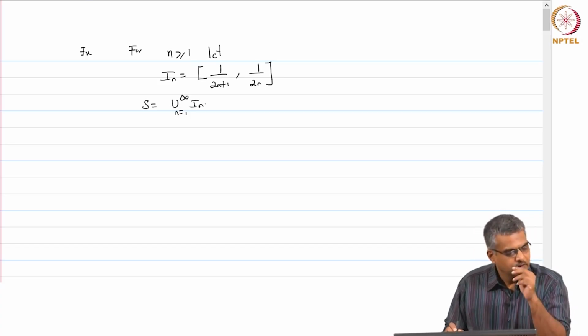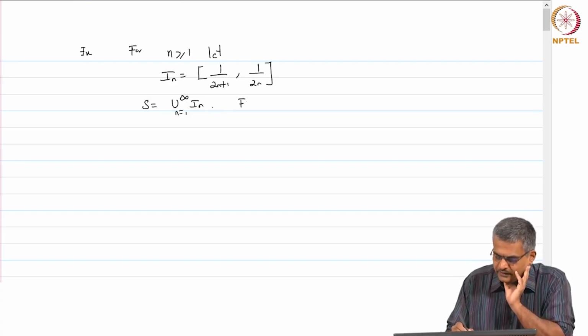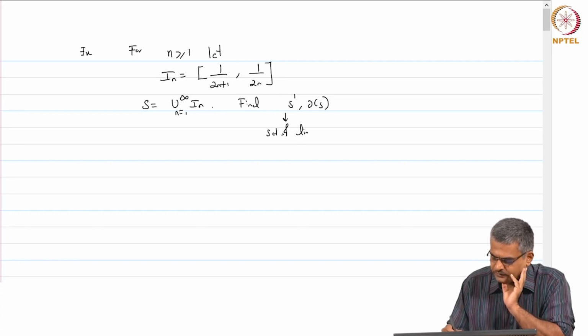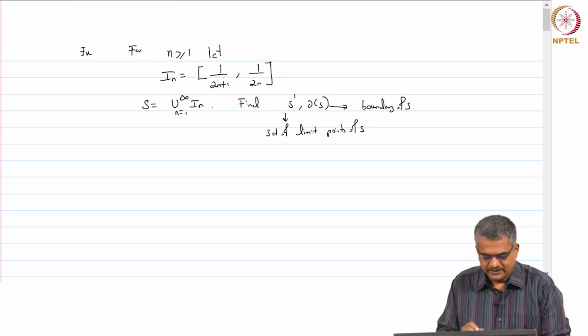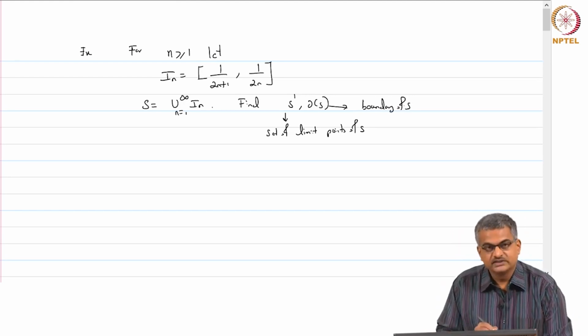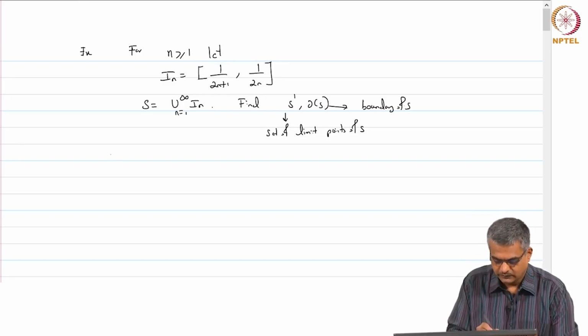We need to find S prime, the set of limit points of S, and the boundary of S. Let us write down these sets for a few values of n.